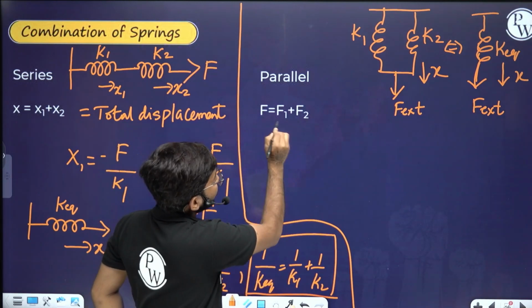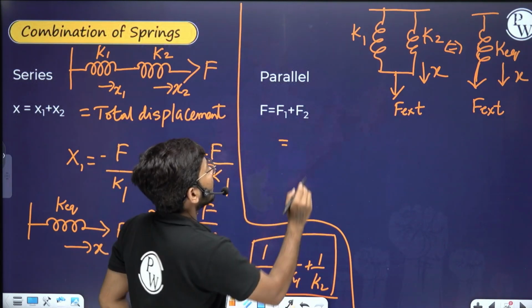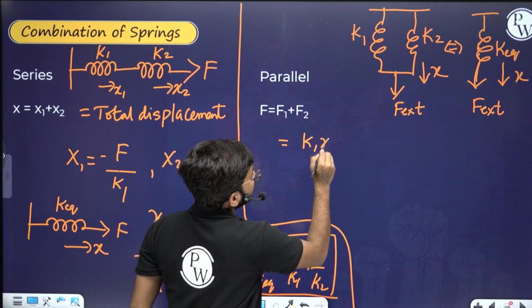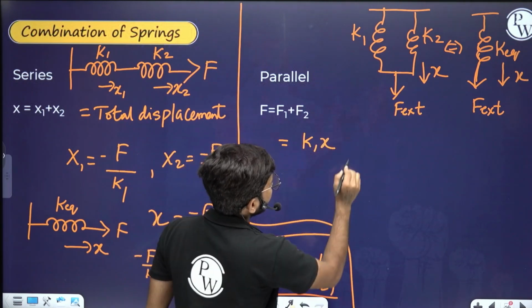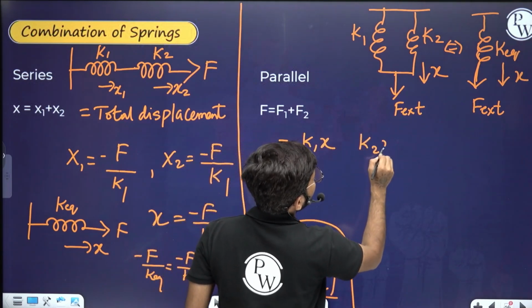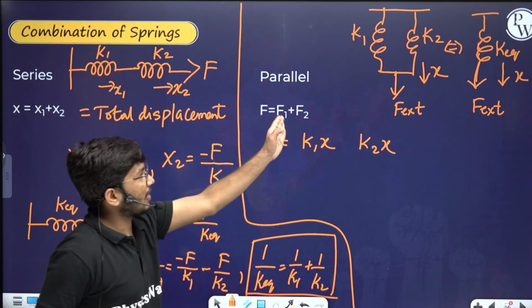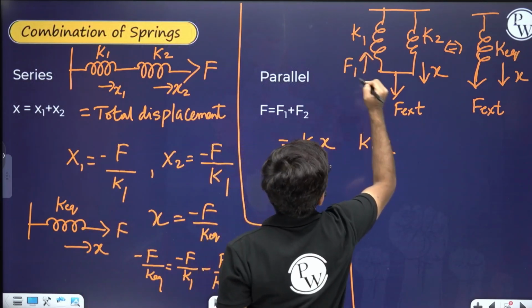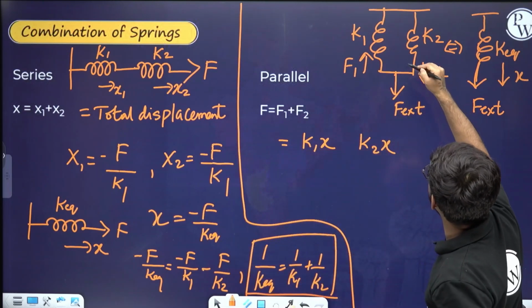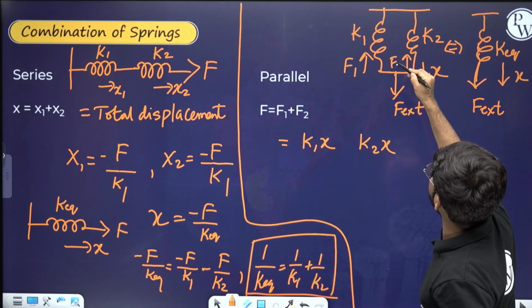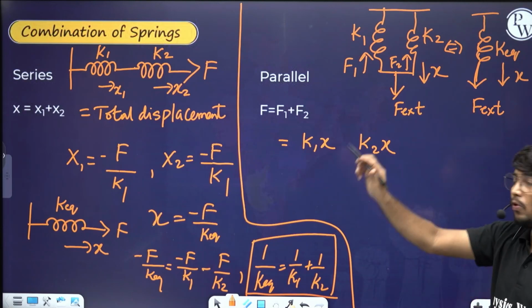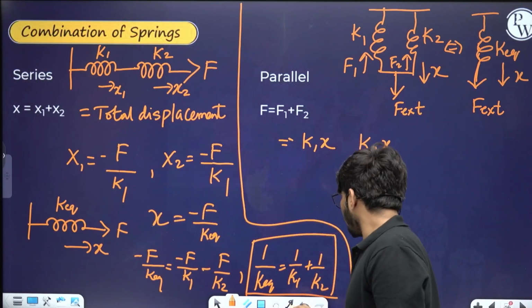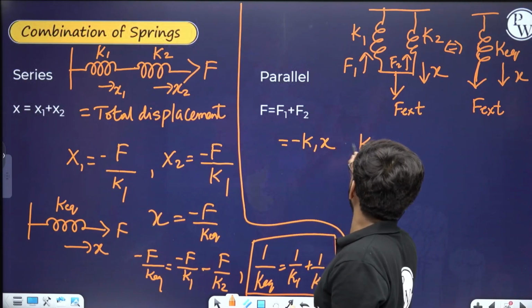So your F1 is going to be K1 into x, F2 is going to be K2 into x. But the restoring force F1 in this one and F2 in this one are in the opposite direction of displacement, so minus.